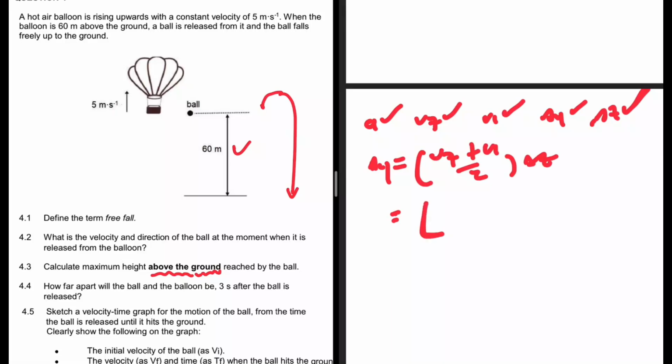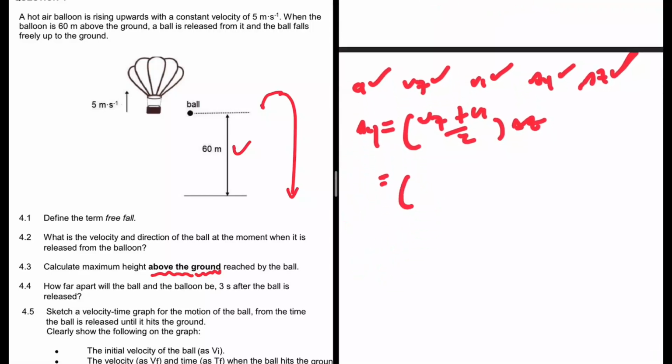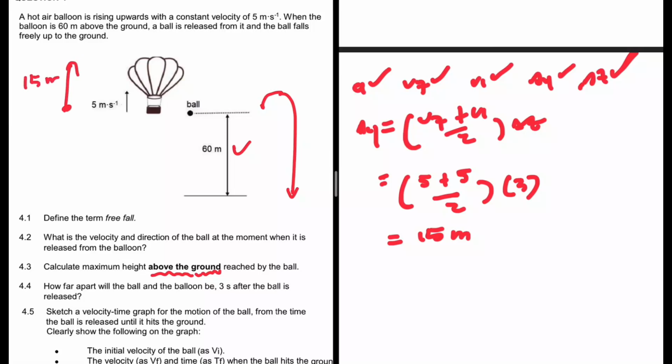So Vf is 5, right? Because it keeps moving with its velocity of 5 meters per second. Vi is also 5 because it's moving at a constant velocity, divided by 2 multiplied by 3. So that is 15 meters. Right, so the balloon has gone up some 15 meters in 3 seconds.